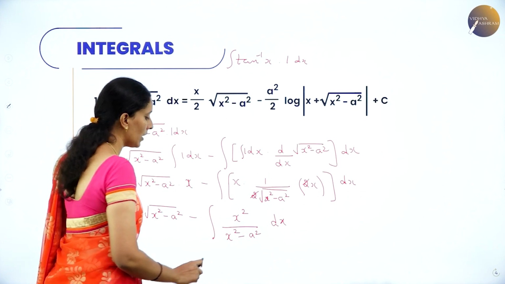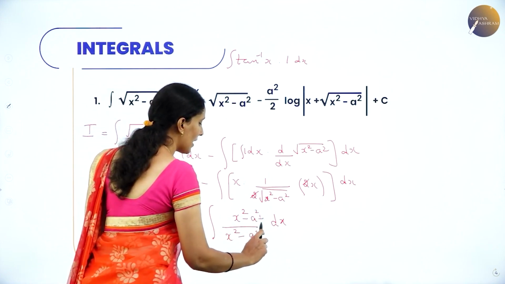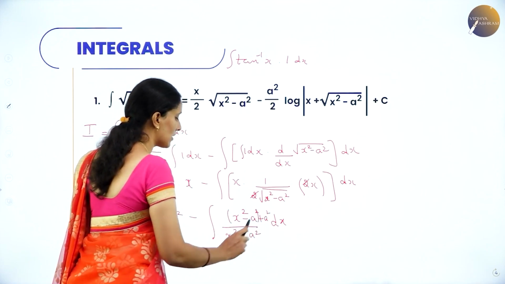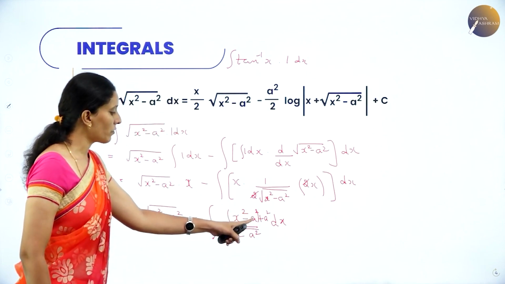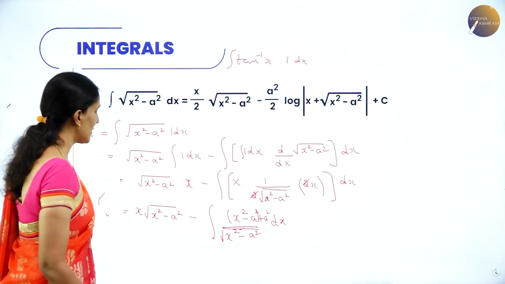So what I will do here, I will subtract a square and add a square here. Then I will separate this. This is under the square root we have. I will subtract a square and add a square, and here I have square root of x square minus a square.